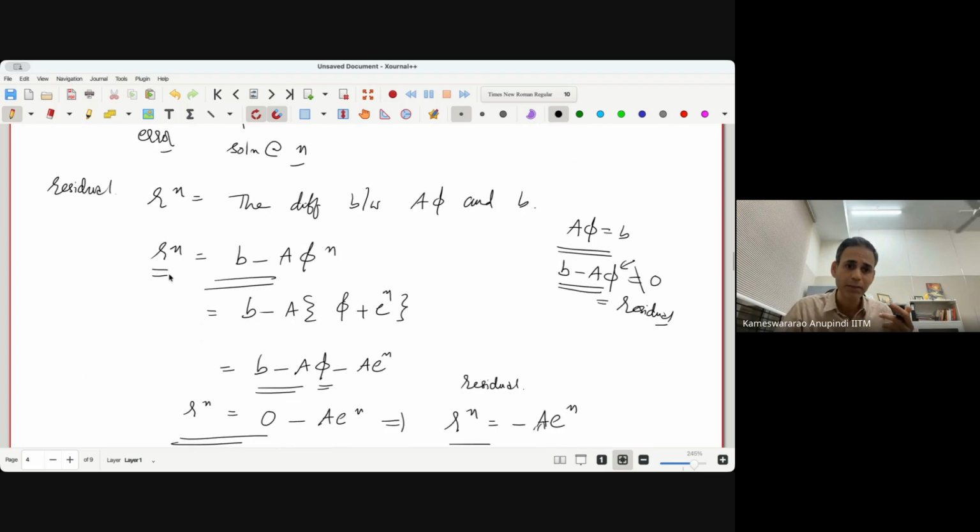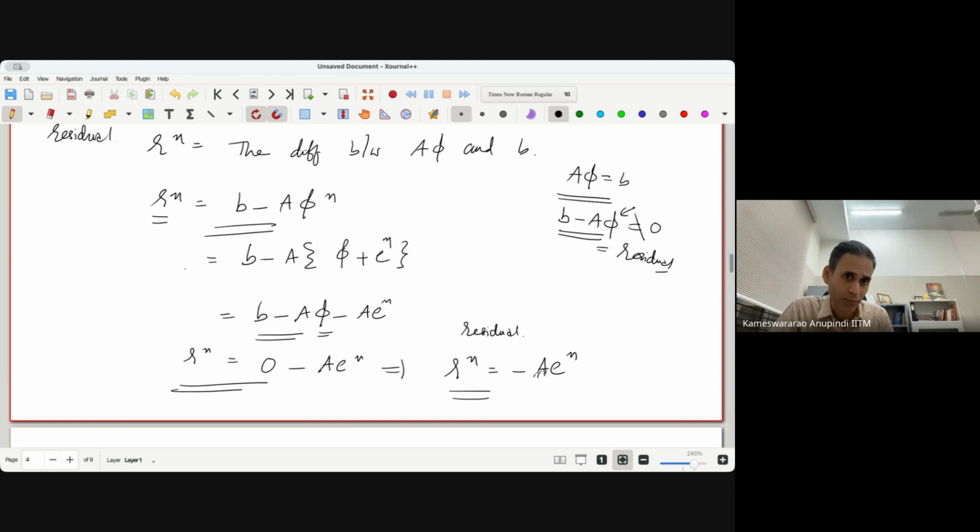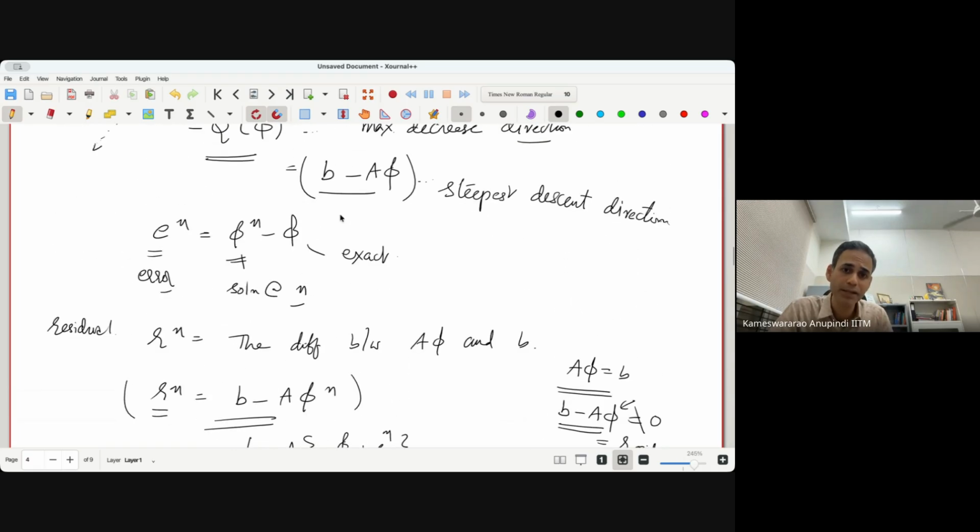That means my residual at any particular iteration is going to tell me that I should go in the direction of the residual. That is going to be my steepest decrease direction. So we have established that the residual is the same as the steepest descent direction, and the steepest descent direction is equal to b minus A phi.